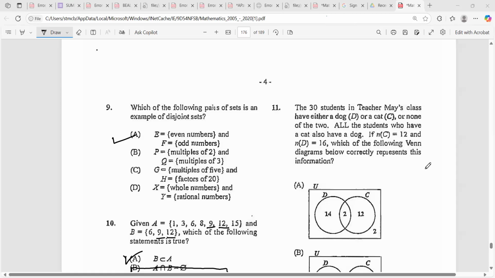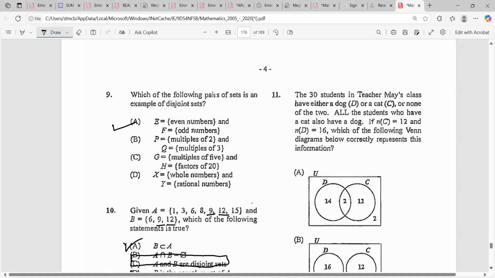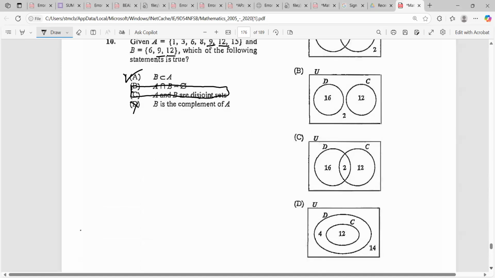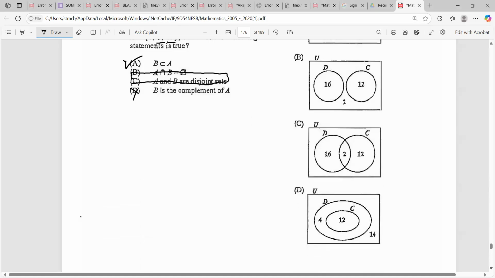So remember what I say, guys. It says either they have a cat or a dog or none. So that means it can be a disjointed set. Previously, they would say each person will have a cat, have a dog, and so on.